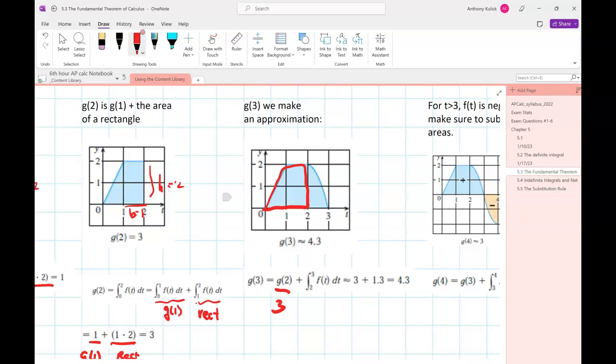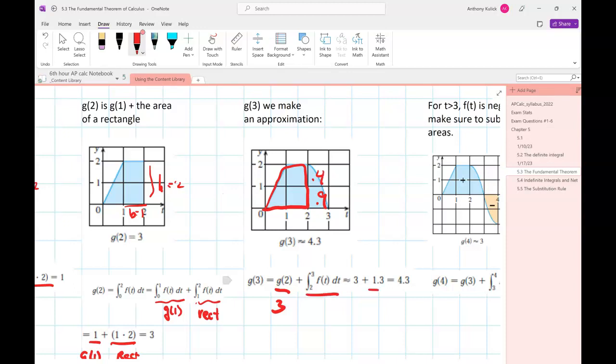Do I have a geometric way to find that piece? No. Why not? The sides are curved. So what am I going to do instead? Just approximate. One of these boxes is one square unit of area, correct? That looks like 0.9 of a box to me. That looks like a little less than half. Maybe I'll call that 0.4.